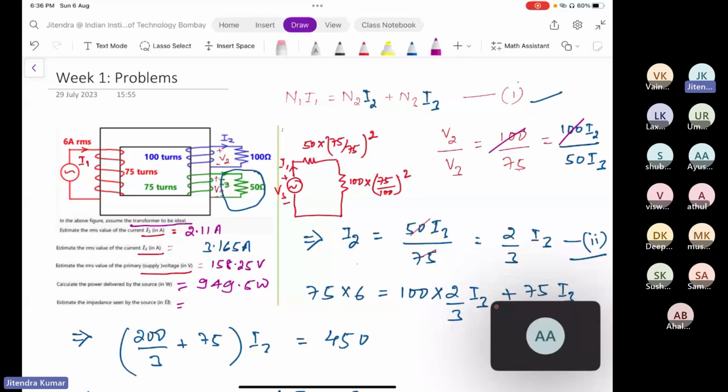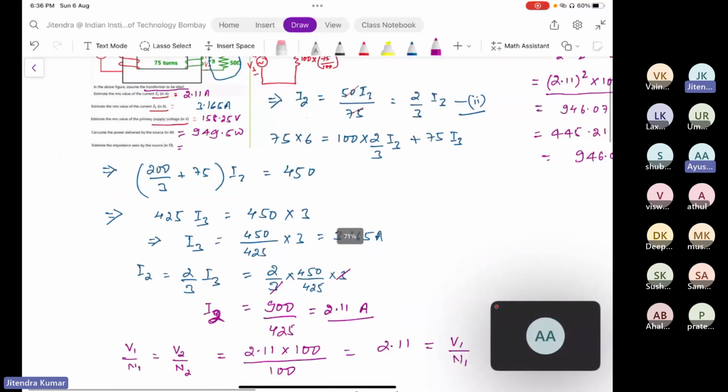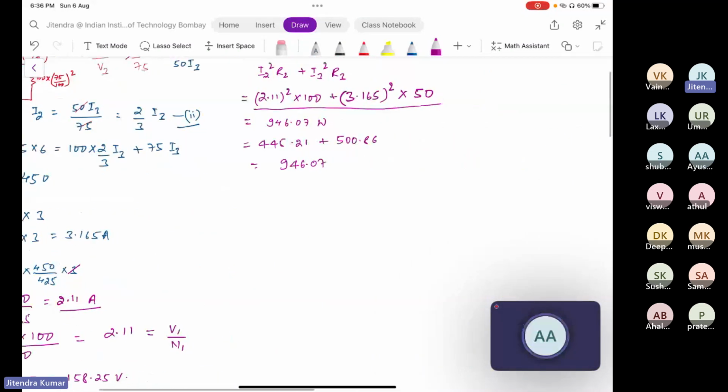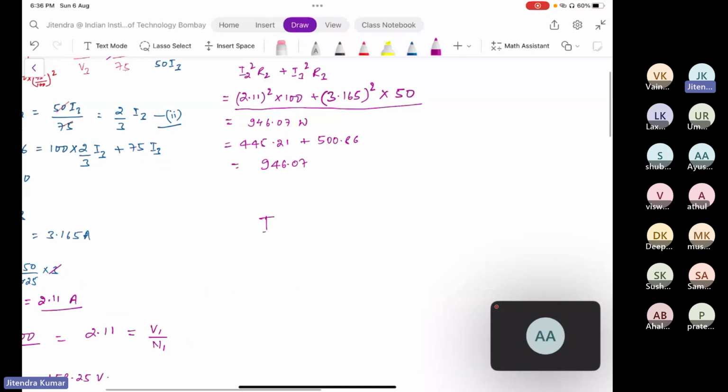You are saying I1 is equal to I2 dash plus I3 dash, where the summation means phasor sum.